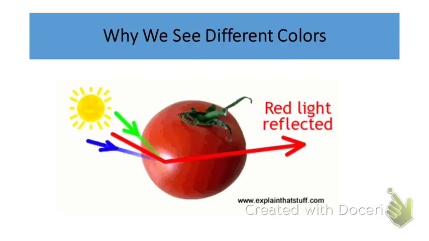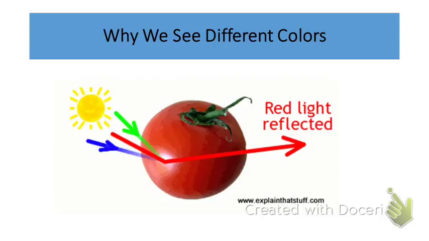All right. So let's talk about white light and black. Something is white because the molecules of that object reflect all the colors of the rainbow back towards our eyes. And so white light is a mixture of all those colors. And so that's why we view that the object is white, because we're seeing all the colors. Whereas black is the absence of light.